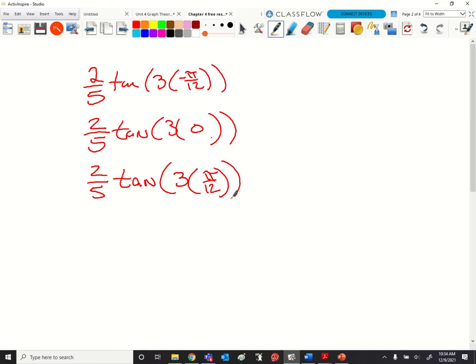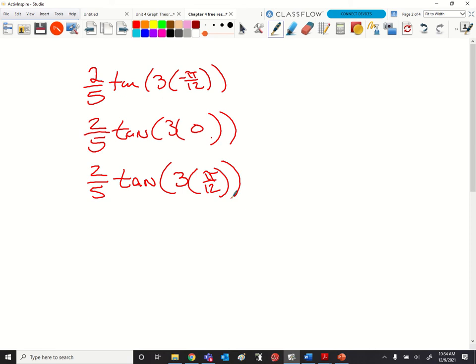So, as we plug in this, that's going to give me negative pi over 4, tangent, so that's going to be a negative 1.